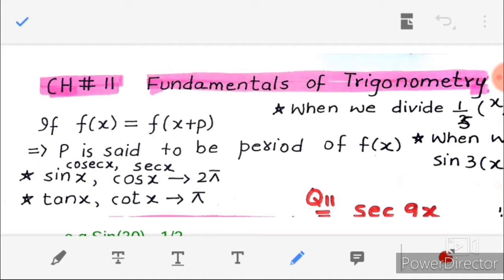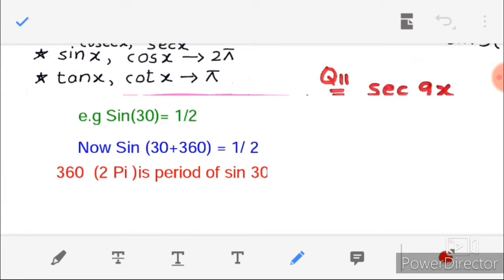Firstly, we are given the function f of x. It is a trigonometric function. If we add p to the argument of any function and the value of f(x) remains the same, then p is the period of f(x). This can be clarified by an example. sin 30 is equal to 1 by 2.